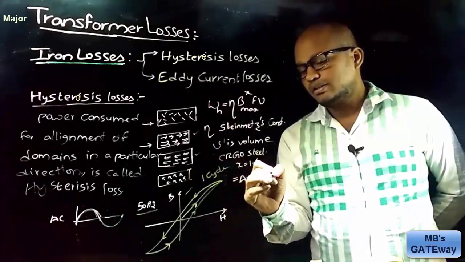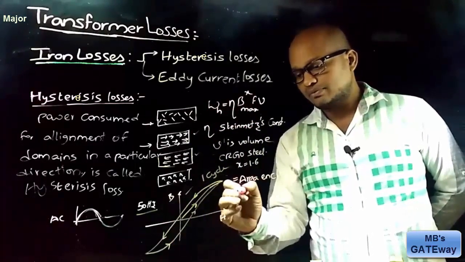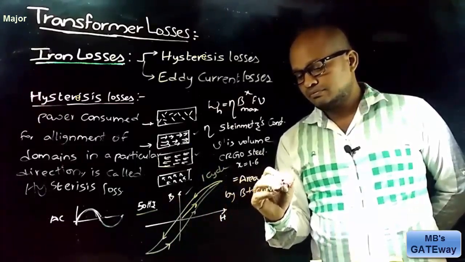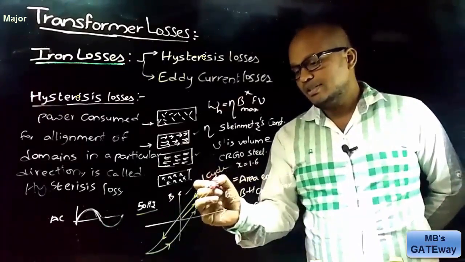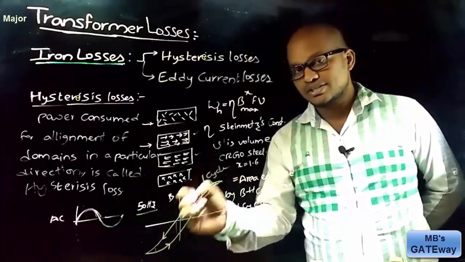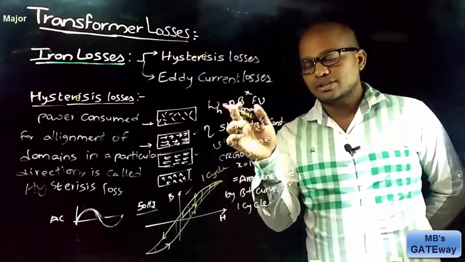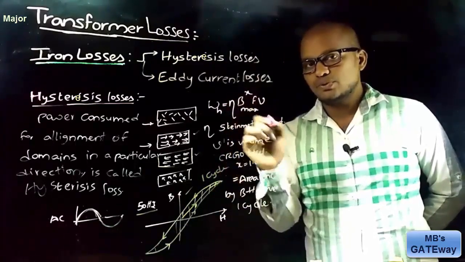the area enclosed by this BH curve for one cycle, which means that this is the area enclosed by the BH characteristics for one cycle, which is equal to the WH for one cycle, that is for F equal to 1.